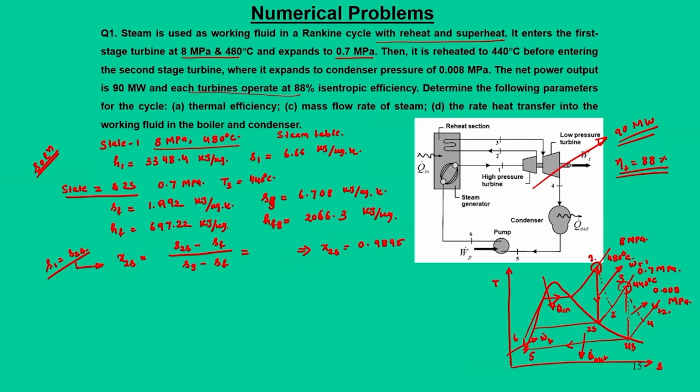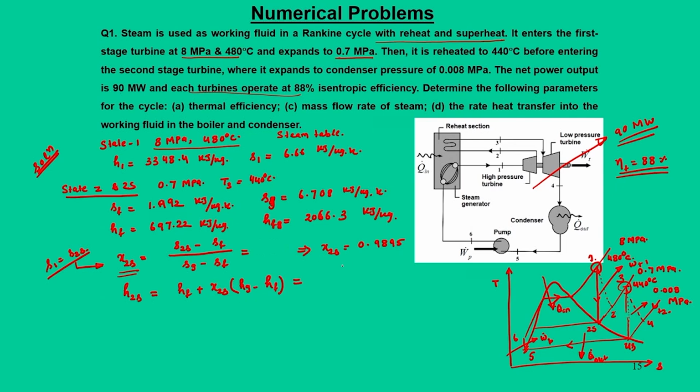Then, knowing X2s, we can find H2s, which is equal to Hf plus X2s into Hfg.